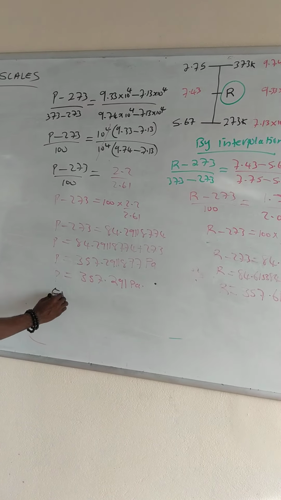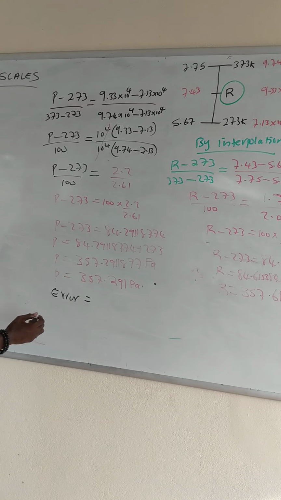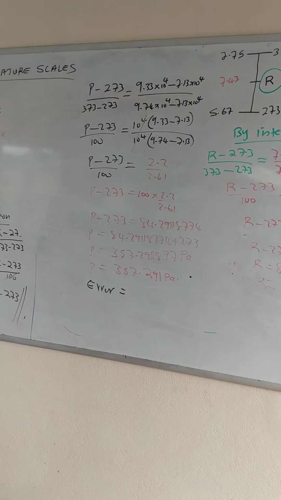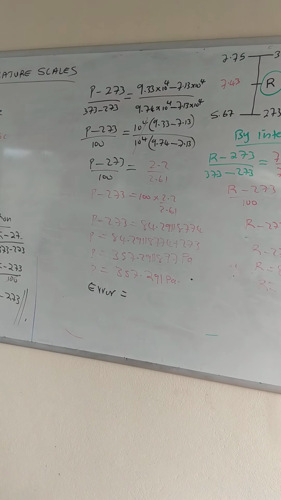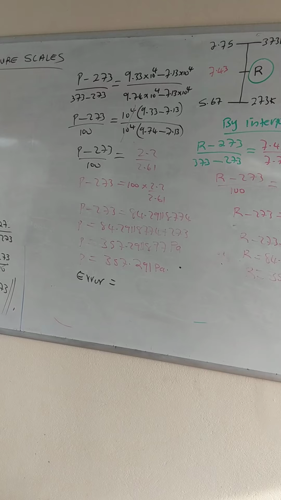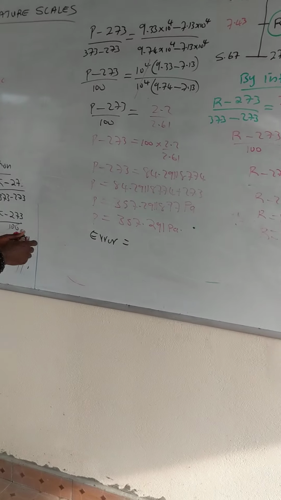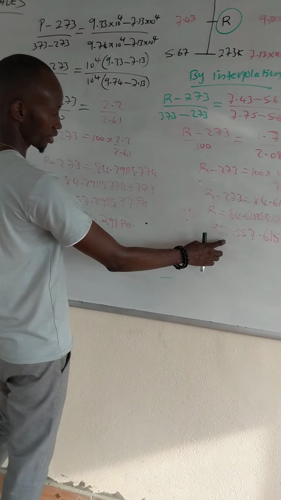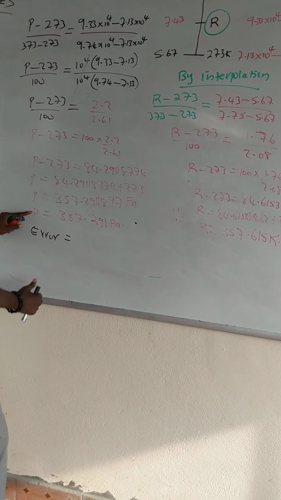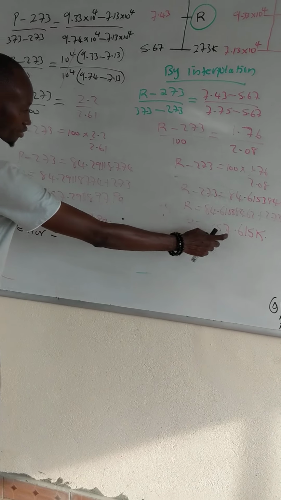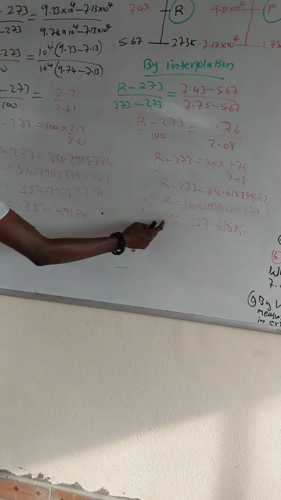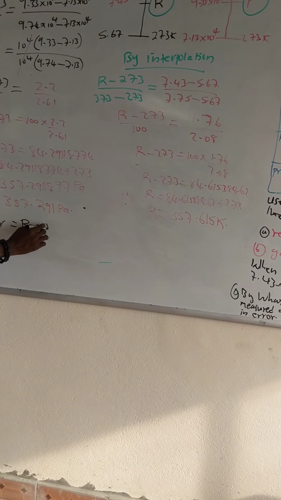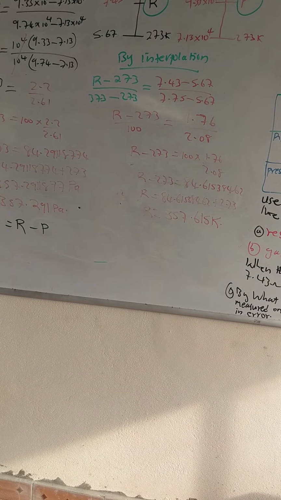The error equals the measured value minus the real value. So we find the error of the two, we consider the pressure at the gas thermometer and this resistance thermometer. You can see 357, so the resistance thermometer is greater than this. So the error is going to be the resistance thermometer minus the gas thermometer.